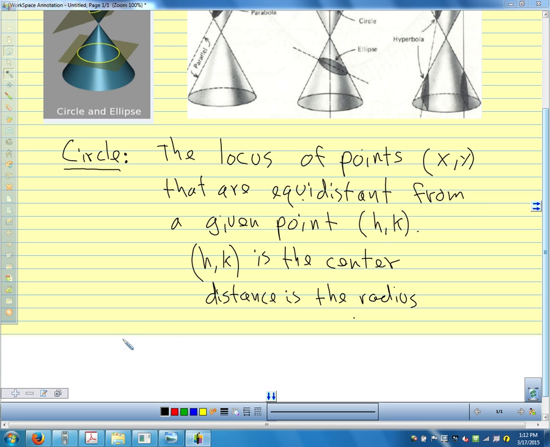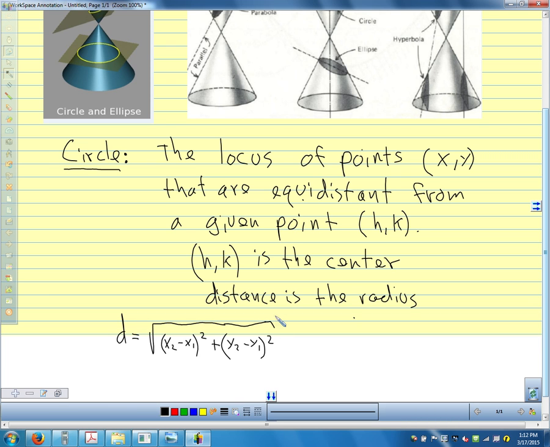So do you remember the distance formula? Square root. Remember how it works? x2 minus x1 squared plus y2 minus y1 squared.